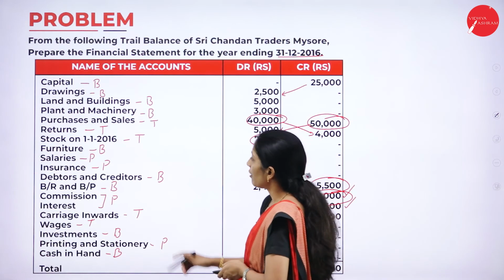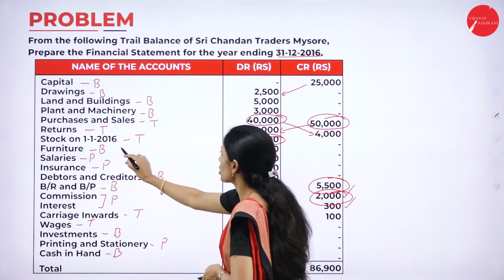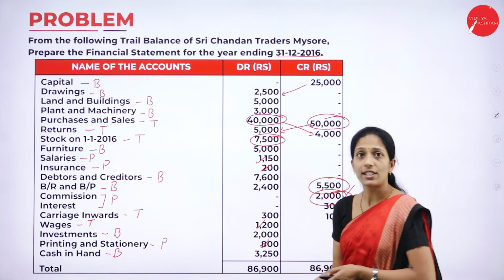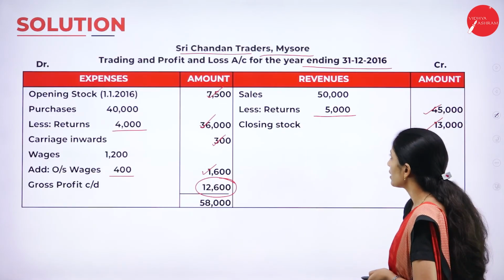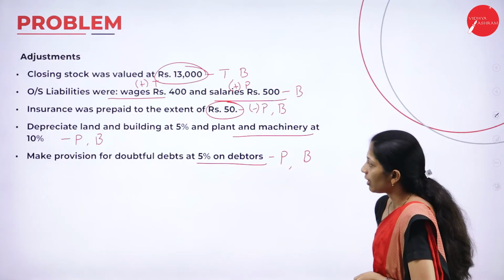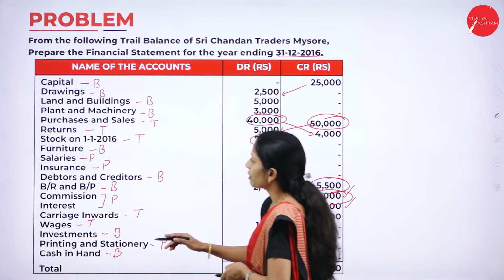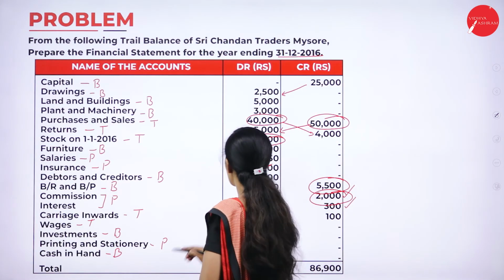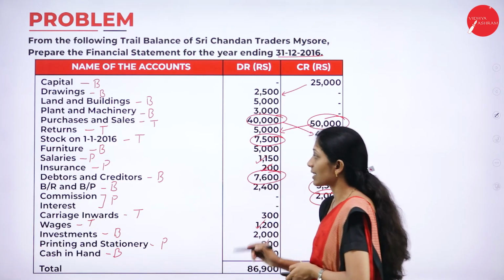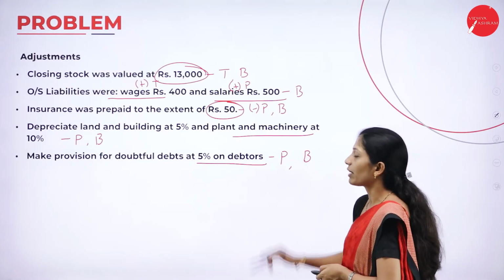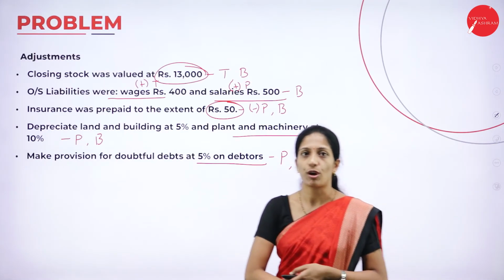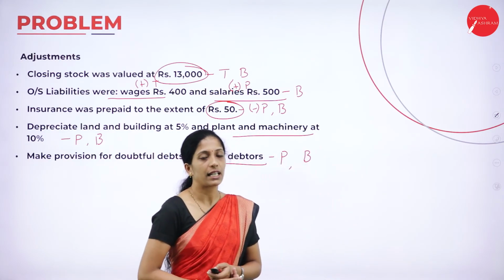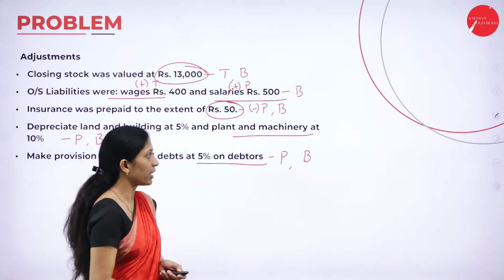Next, after that we have furniture. Furniture of 5,000. No adjustment on furniture, so write directly 5,000. After furniture, we have debtors. Debtors is 7,600, but there is a provision of 5%. We have already calculated it once and written the amount in the profit and loss account.